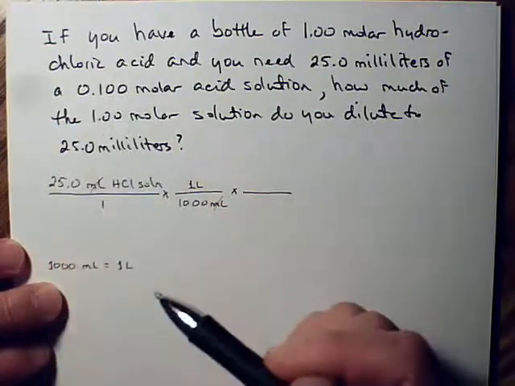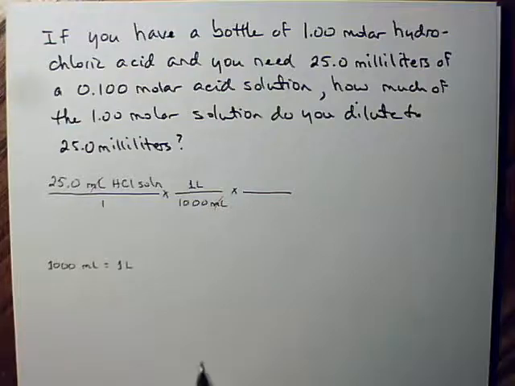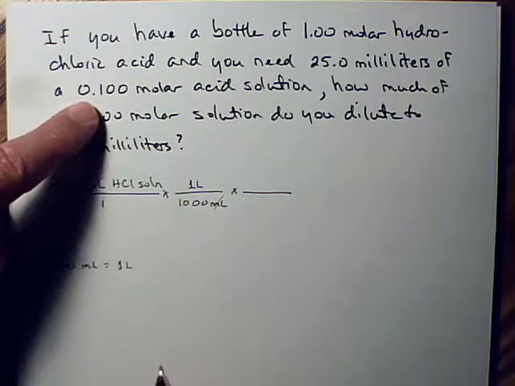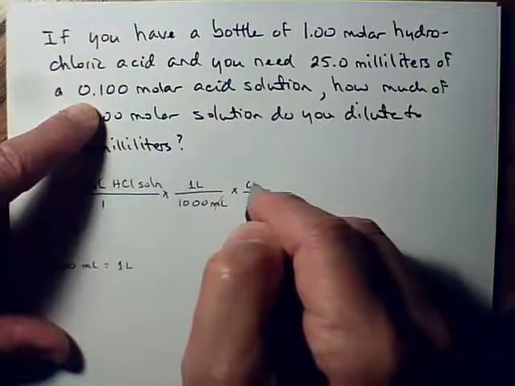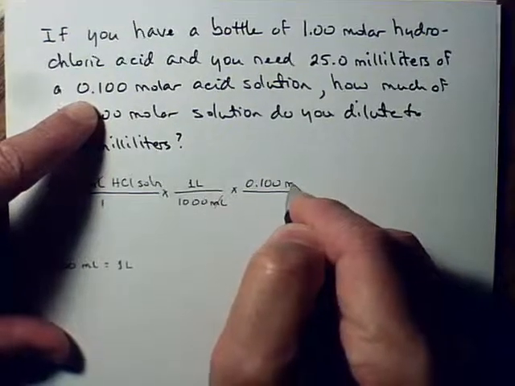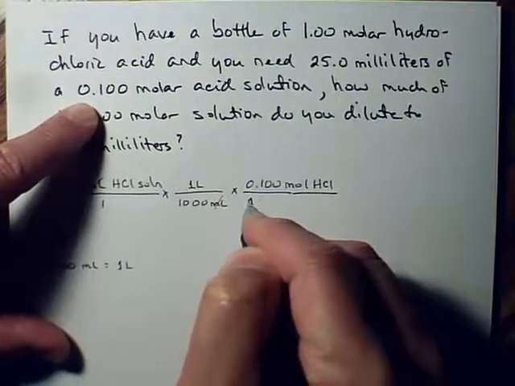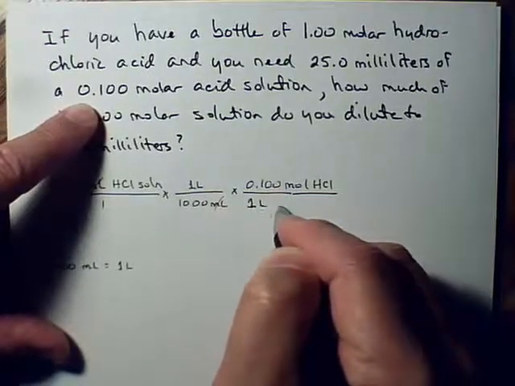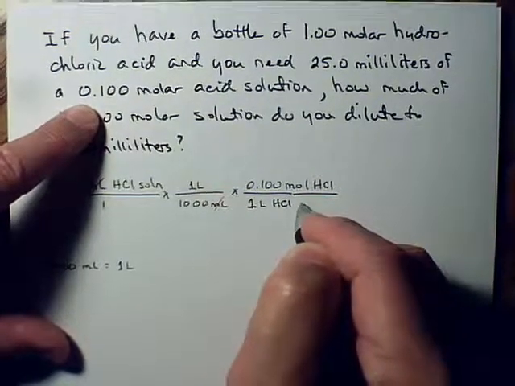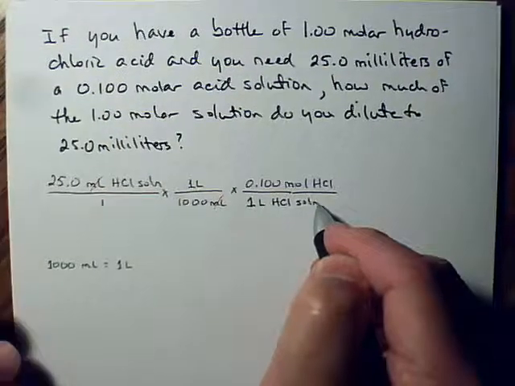We're going to break it out into the measurement units that make it up. In 0.100 molar, we have 0.100 moles of HCl in 1 liter of that HCl solution. Okay?